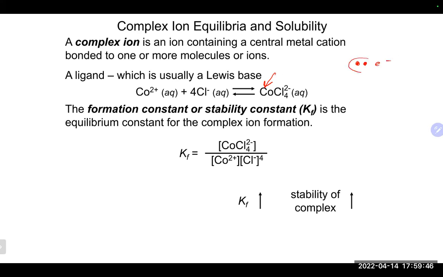And those electrons are being donated over, yes? So a Lewis base is something that will donate a pair of electrons to a Lewis acid, which is usually electron deficient, positively charged. Hence the metal in the middle that has a positive charge, electron deficient, right? So they donate those electrons over to it and they make these complex ions.